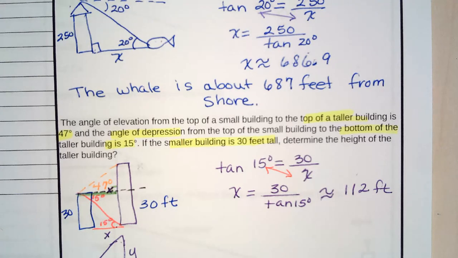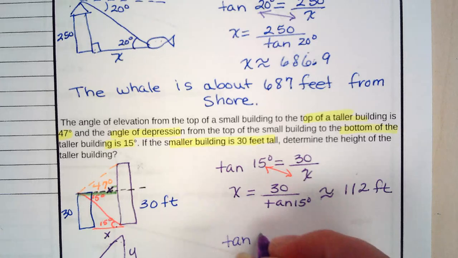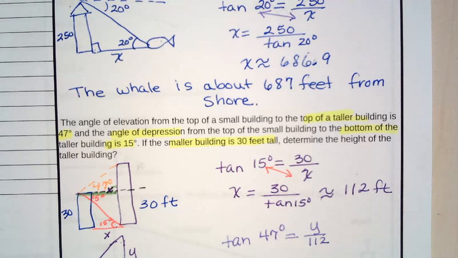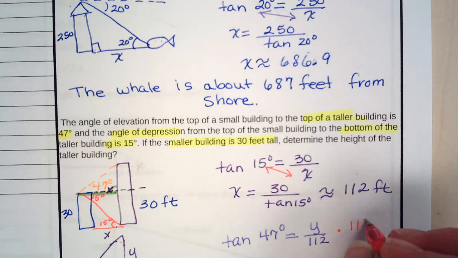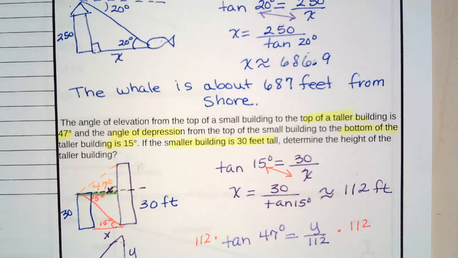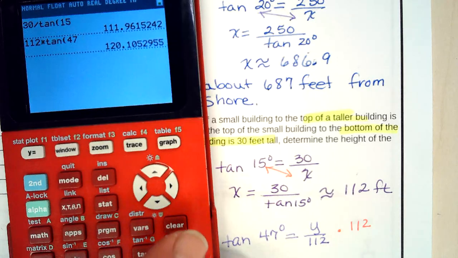So the tangent of 47 degrees is equal to y divided by 112. To undo, I multiply by 112 on both sides. 112 times the tangent of 47 degrees, and I get 120.1.